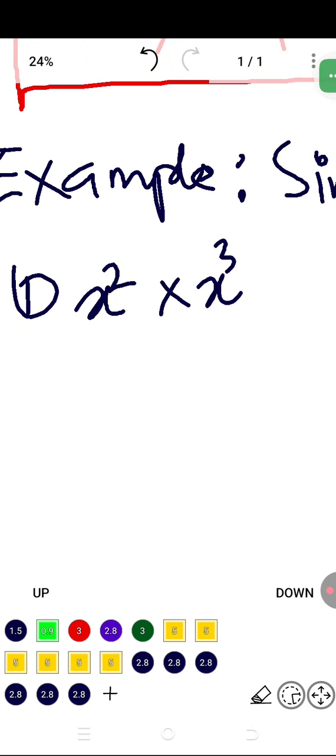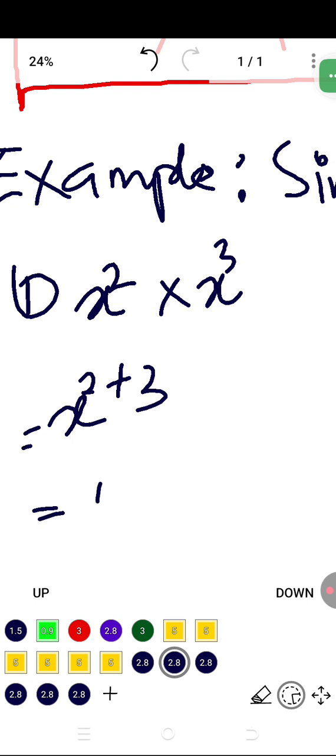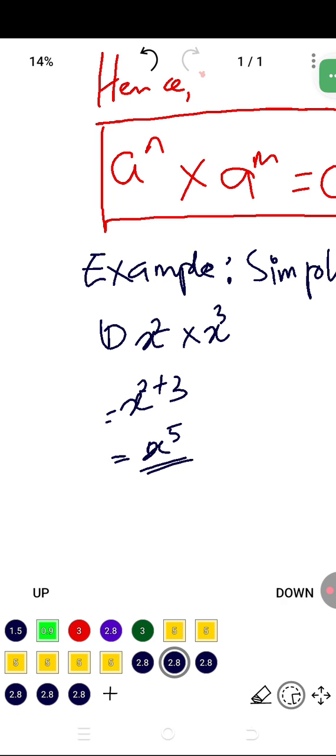Now, this is times, so it's the multiplication. Going by the law, when multiplying index numbers with the same base, you see that we have x as the base and the powers are 2 and 3. So the law says we should take one of the x, then we add the powers, 2 plus 3. That is simply x raised to power 5.